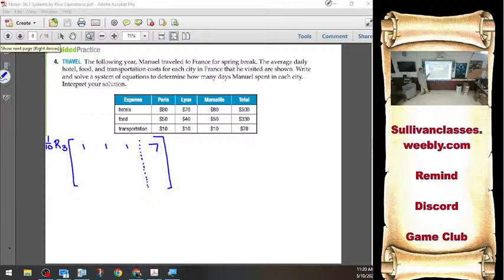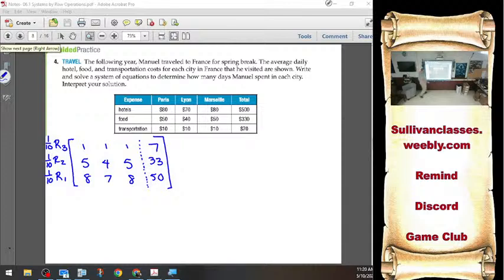I'm going to say row 2, 1/10 again. 1/10 row 2 is 5, 4, 5, 33. And then 1/10 row 1: 8, 7, 8, and 50.